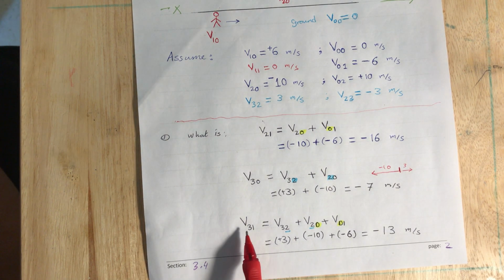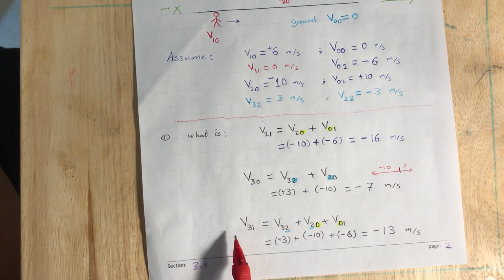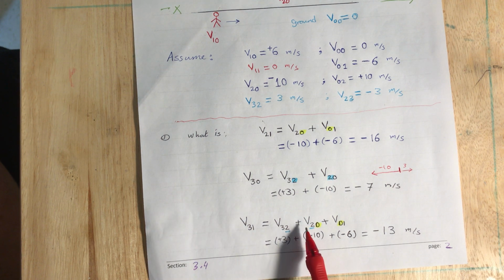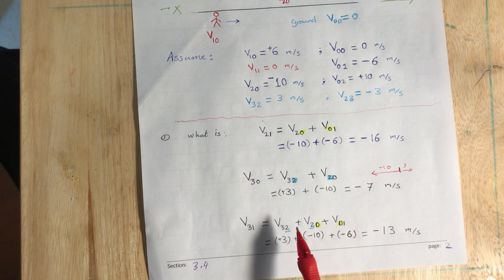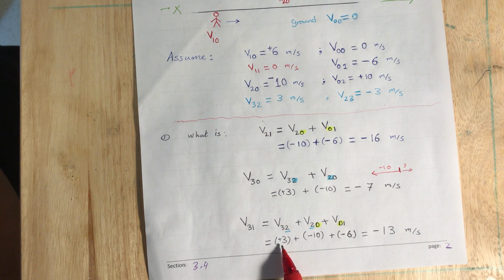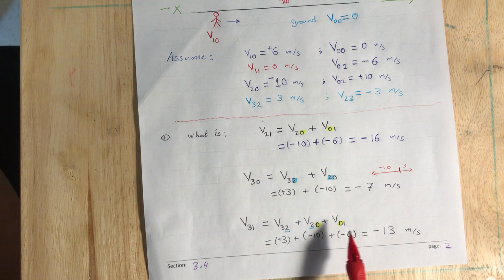I need to find V3 with respect to 1. I know V3 2, I know V2 0, I know V0 1. V3 2, the person walking inside the bus in the positive x-axis, is 3 meters per second.